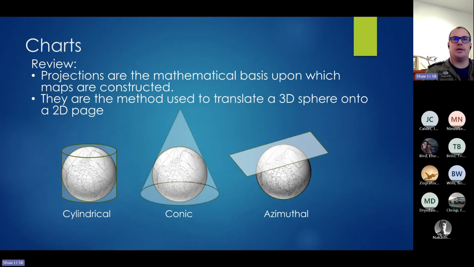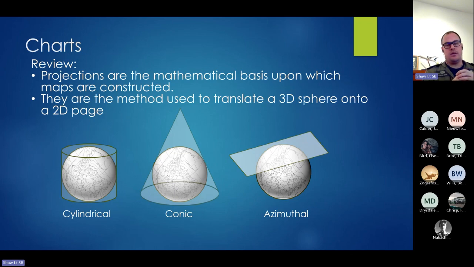So chart projections are the mathematical basis on which the maps are constructed. They're a method to translate a 3D sphere onto a 2D page. I'm not sure if some of you have had a chance to do this, maybe at cadets or in school, but there's a few different ways to skin the cat on how we get the Earth, which is round, onto a flat piece of paper.